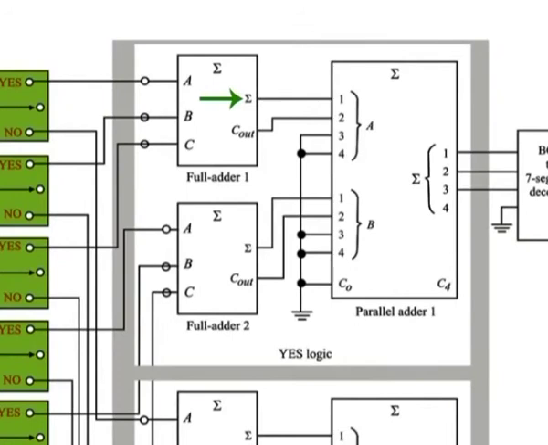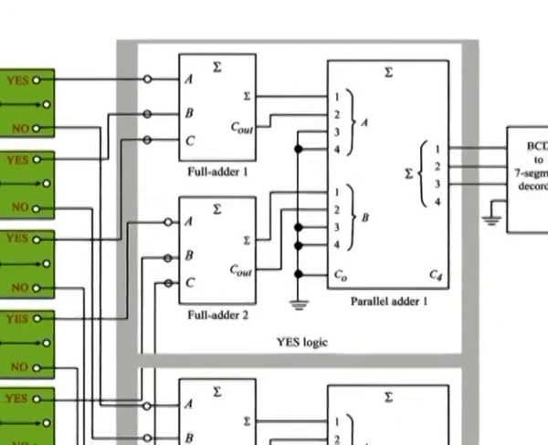The sum and output carry of each full adder then goes to the two lower order inputs of a parallel binary adder. The two higher order inputs of the parallel adder are connected to ground, because there is never a case where the binary input exceeds 0011 or decimal 3.